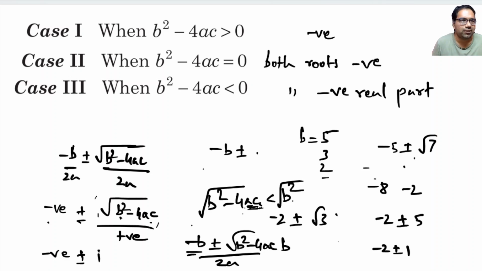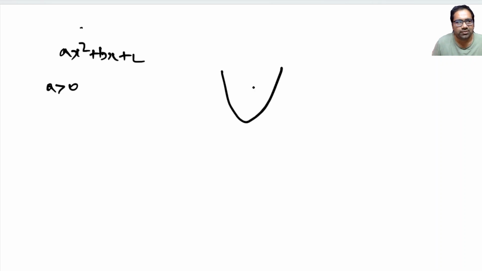Now let's look at the graphical way. Something like this, the graph of ax square plus bx plus c. Now a is greater than 0. What does that mean? The graph will open upwards. Why? Because a is greater than 0.